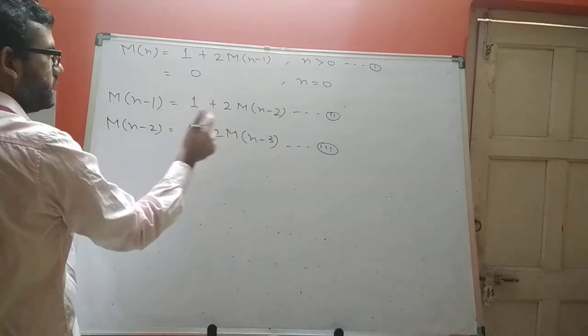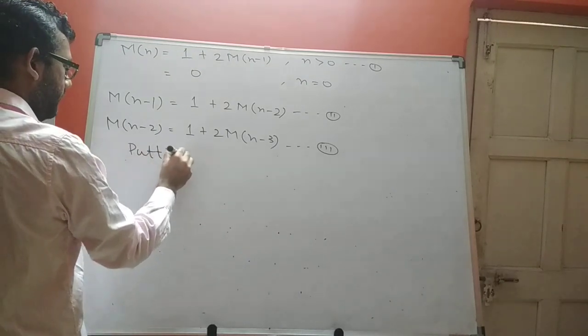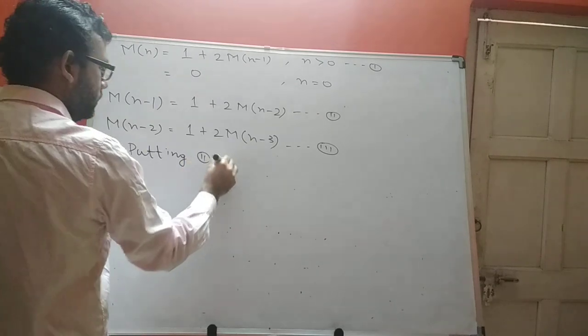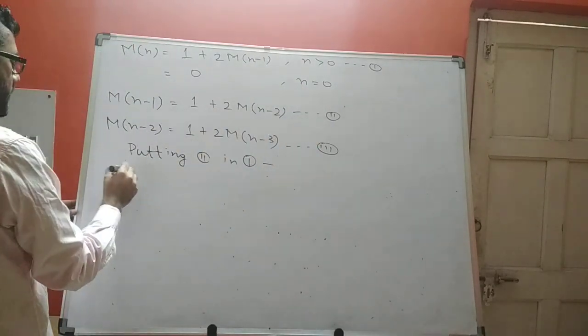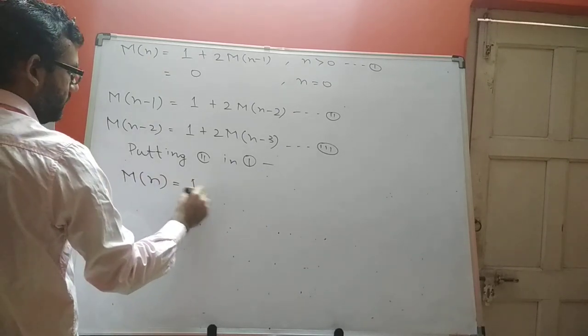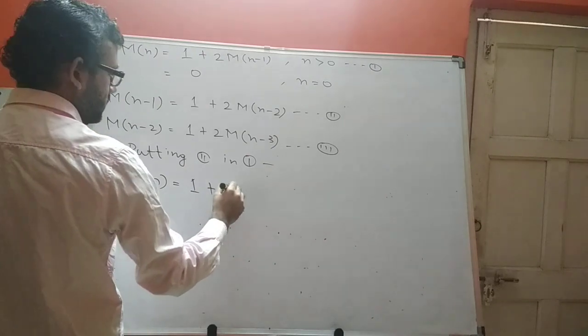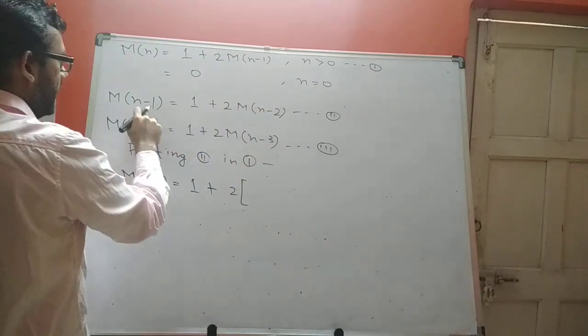So what I'll do is I'll substitute. I'll write putting 2 in 1. So if I substitute 2 in 1, what will I get? I'll get m of n is equal to 1 plus 2 into, now in place of m of n minus 1, I'll write this entire thing.